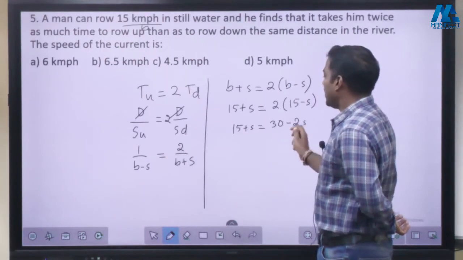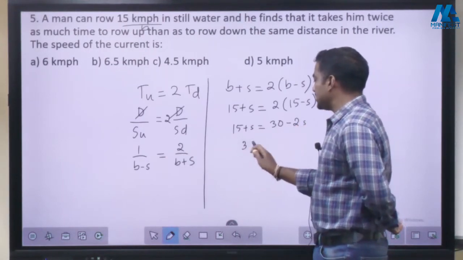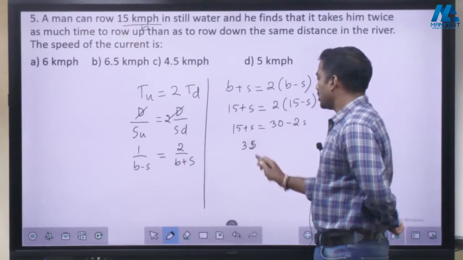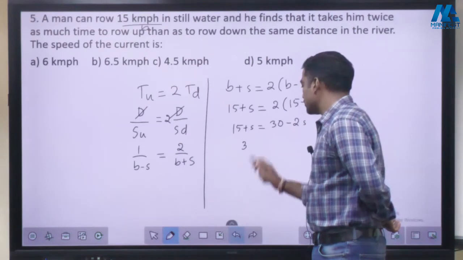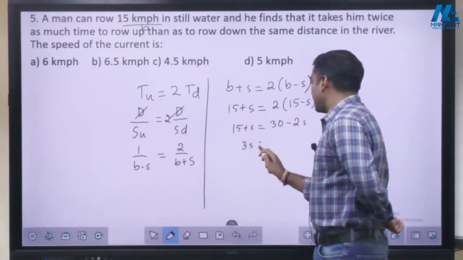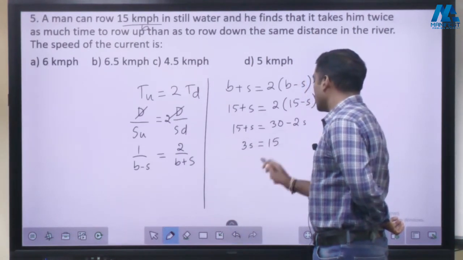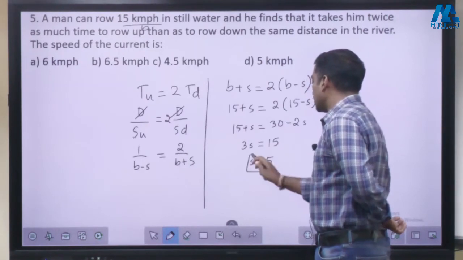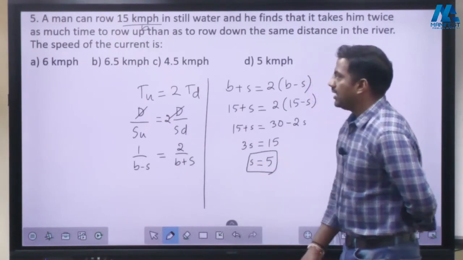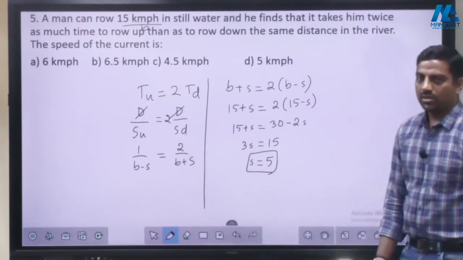Then take 2S this side, it will become 3S equals 30 minus 15, which is 15. So S is equal to 5. So the speed of the stream or the current is 5 km per hour.